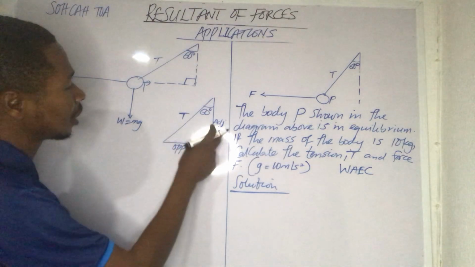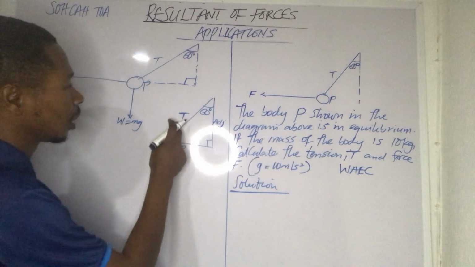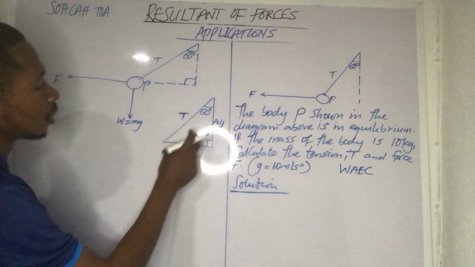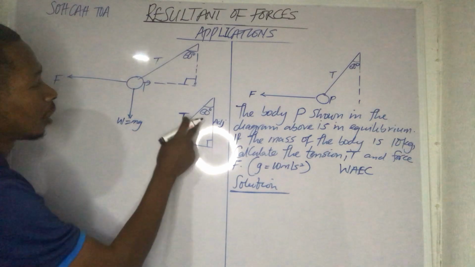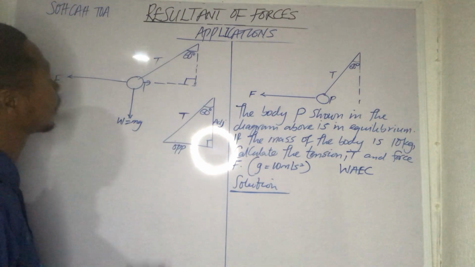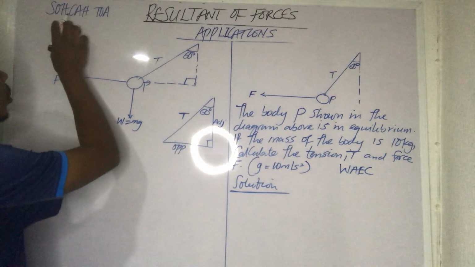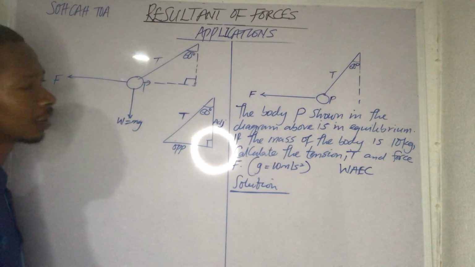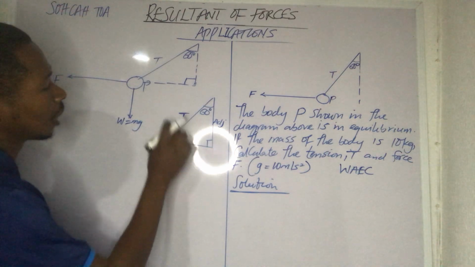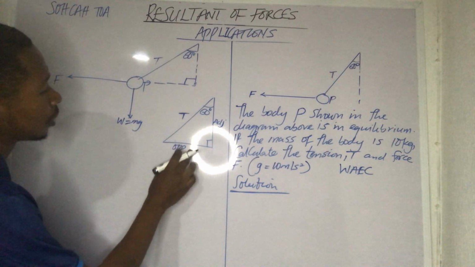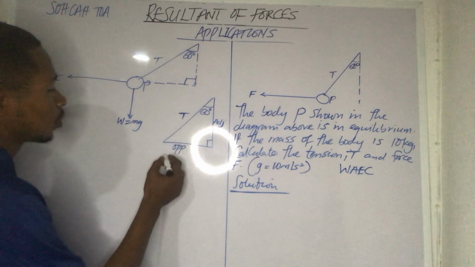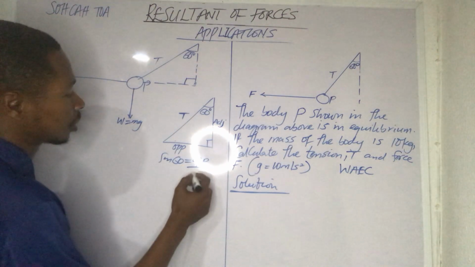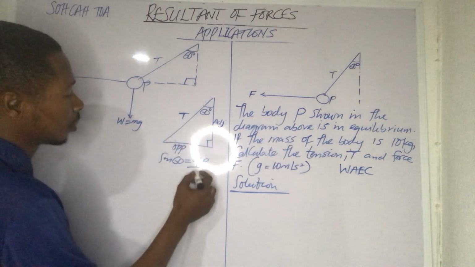To find this adjacent and opposite in terms of T, don't forget from our SOH CAH TOA: sine is opposite over hypotenuse, cos is adjacent over hypotenuse, tan is opposite over adjacent. Because I want to find opposite and hypotenuse, that's sine. So sine 60 is equal to opposite over hypotenuse.